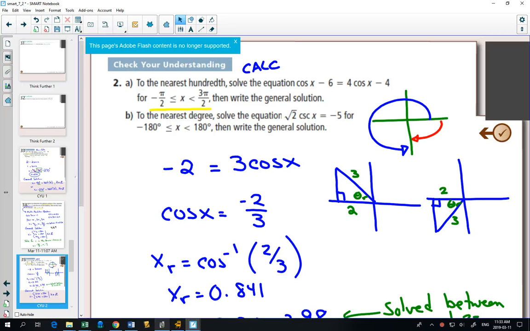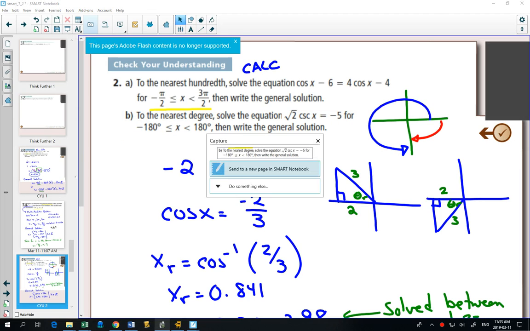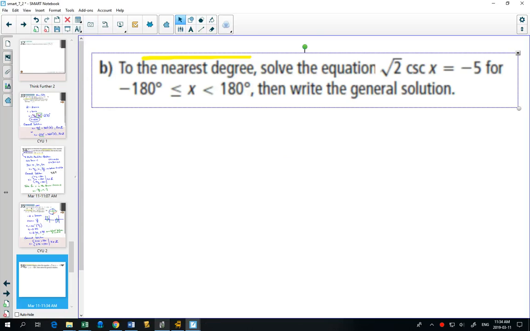So part B. To the nearest degree, so now we're working in degrees, solve the equation root 2 cosecant x equals negative 5. So first of all, we notice this has one of the reciprocal trig functions.